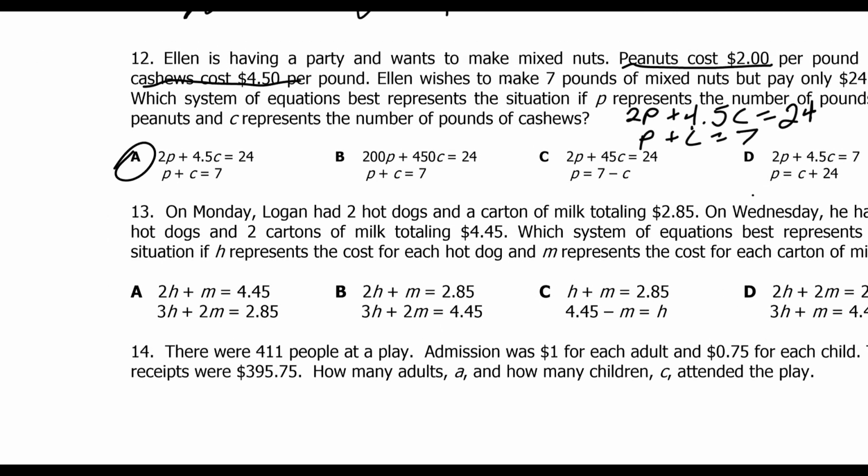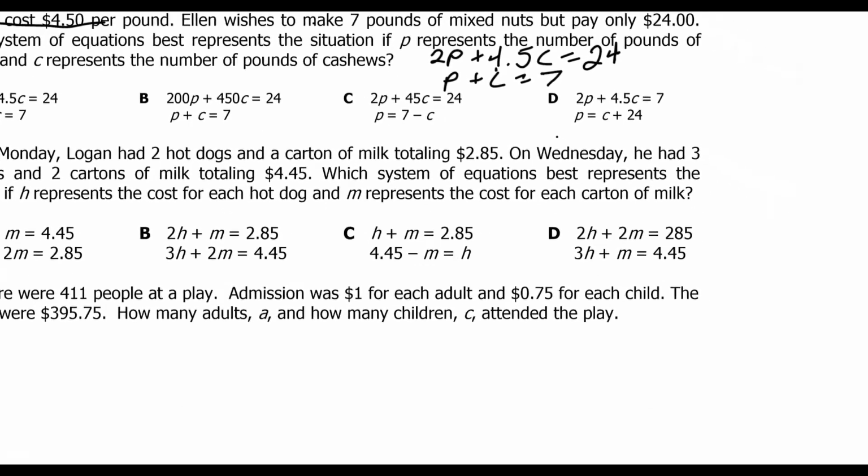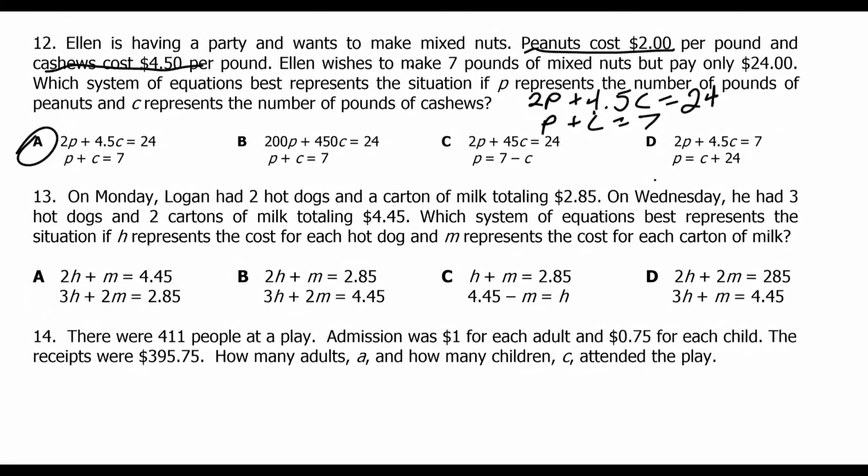That's not happening, so that goes away. Another has $2 for peanuts, $45 for cashews. Those are some expensive cashews still, so I'm just going to get rid of that answer choice. And then over here on the end, we have 2P plus 4.5C equals 7. That wouldn't even be enough to get part of what we're trying to do here. So that doesn't work. They got their cost and their weight mixed up.